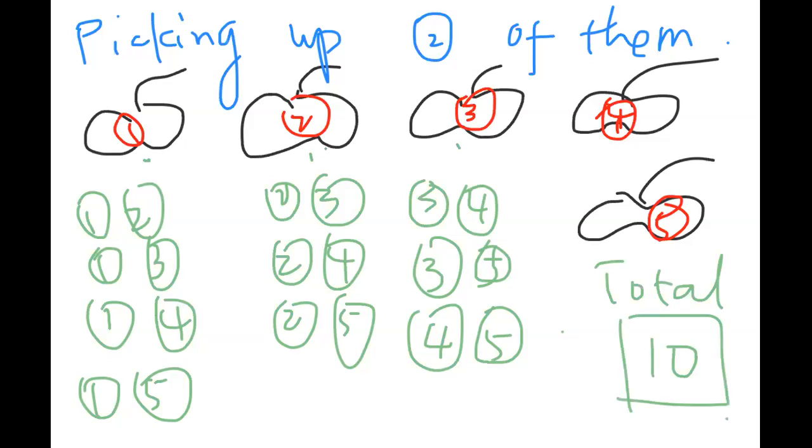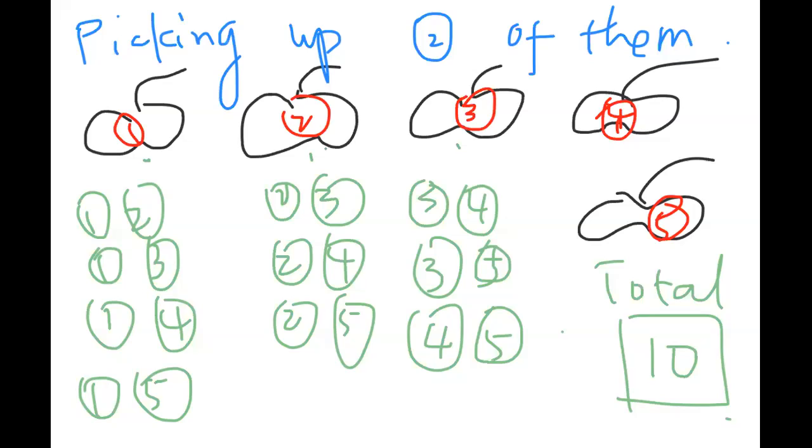So this is how we define the binomial n choose k. As you can see, as the numbers get larger and larger, this counting method doesn't work anymore.